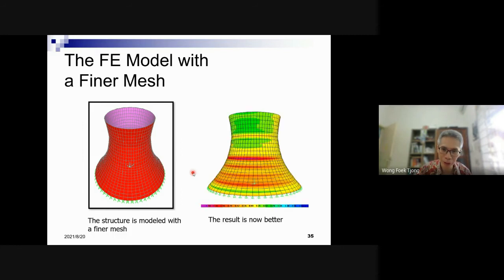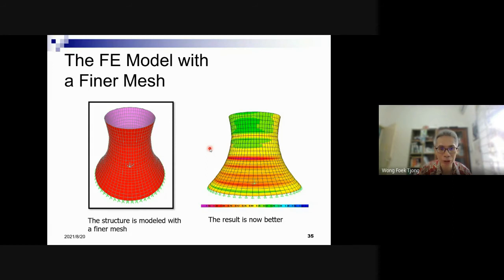Now it's more clear than before because we now have the red part in here. It means compression. The compressive part is not only here but also here. Here is tension. Here maybe almost zero stress and so on. Maybe this is due to only the self weight of the structure.